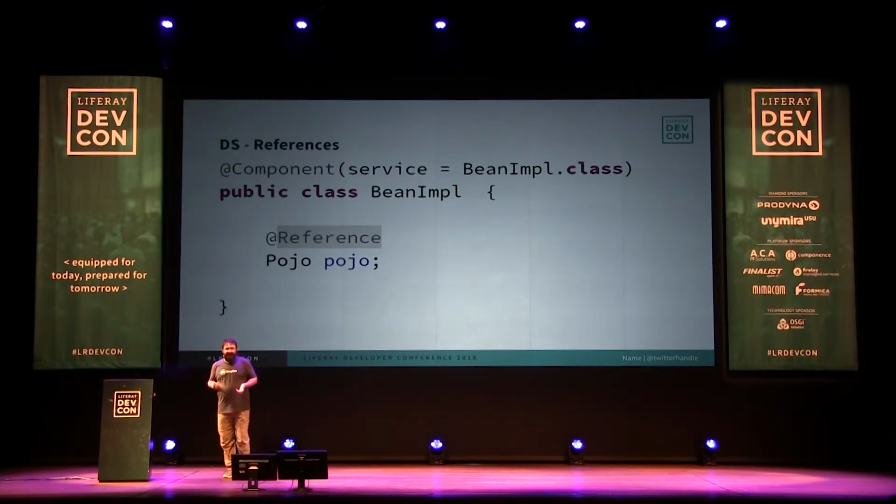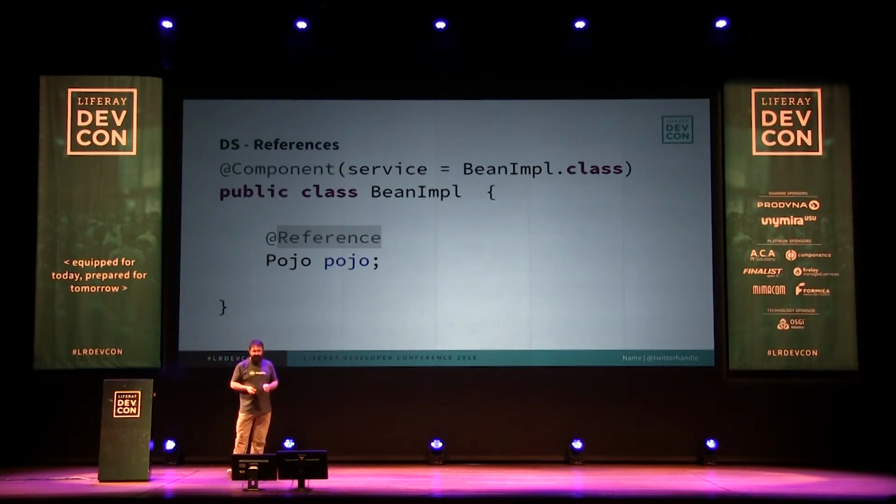Now, we have DS references, right? The references in DS are how we consume services from the service registry. We looked at how to put services in the service registry, and now we want to get services from the service registry. This is interacting with your whole framework ecosystem, right? This is how Liferay enables all of its functionality, through the service model, and this is how you consume a service.